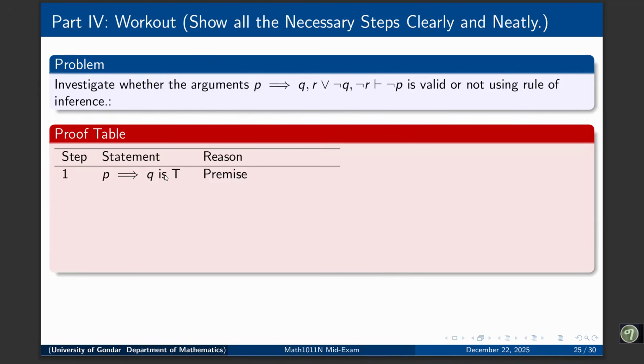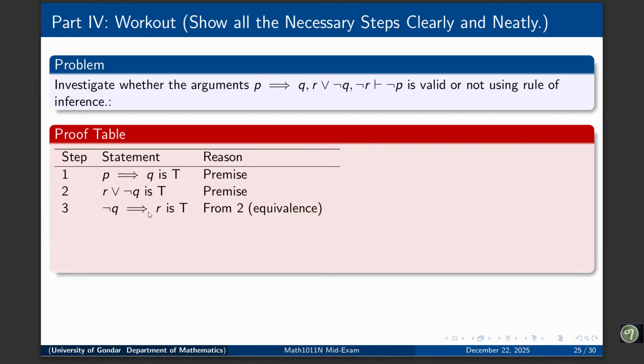We have the first one, that simply P implies Q is true. The first premise, because we have 3 premises and 1 conclusion. The conclusion is negation of P. P implies Q, R or negation of Q, and negation of R are the premises. Second one, R or negation of Q is again true, since it is a premise. Next, negation of Q implies R is true from here.